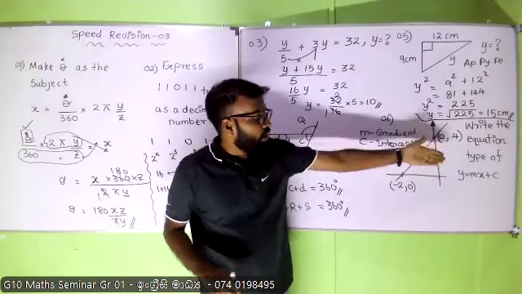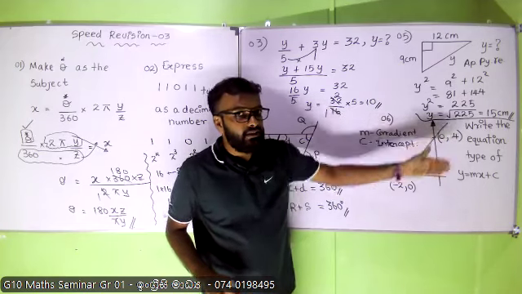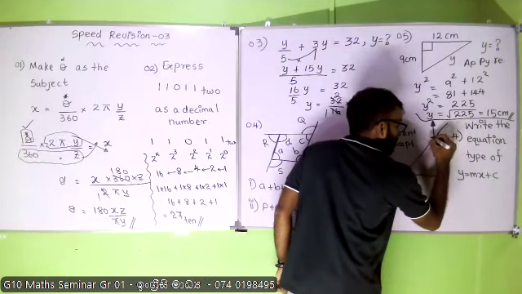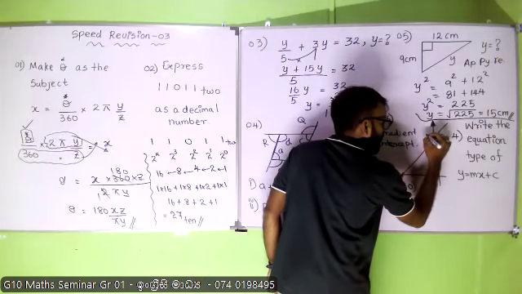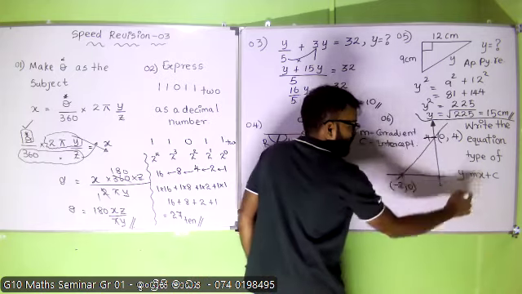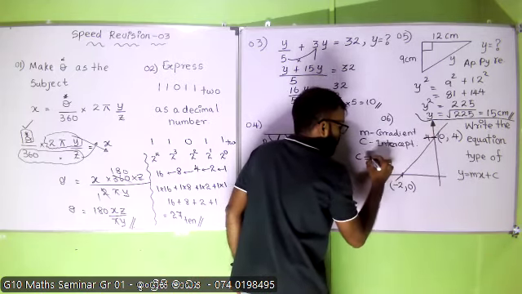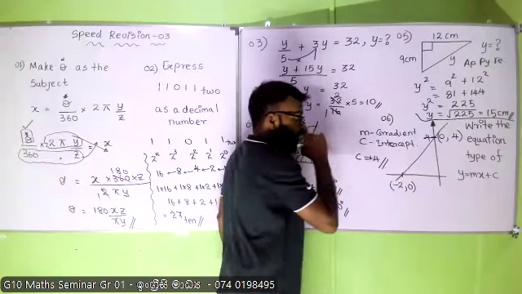By looking at this, you can directly say c. Right? So c is this. It crosses through here. So this is 0, 4. This is 4. So c is 4. You can write c is directly positive 4.